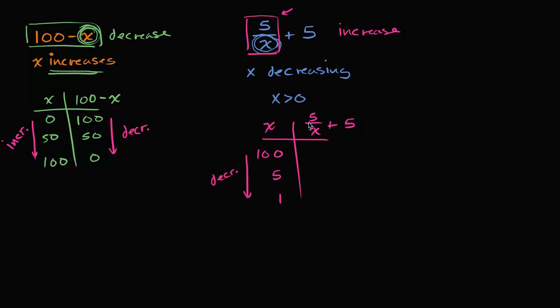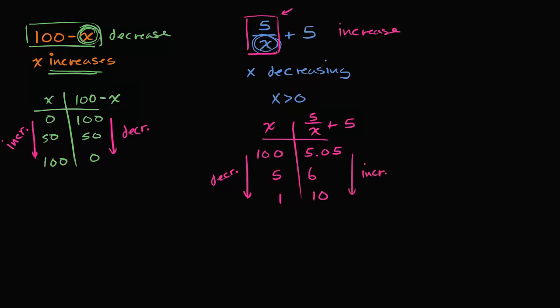When x is 100, you're going to have 5 divided by 100, which would be 5 hundredths plus 5, so it would be 5.05. When x is 5, you're going to have 5 divided by 5, which is 1, plus 5, which is 6. And when x is 1, you're going to have 5 divided by 1, which is 5, plus 5, which is 10. So notice, when x is staying positive but decreasing, the whole expression, 5 over x plus 5, is increasing.